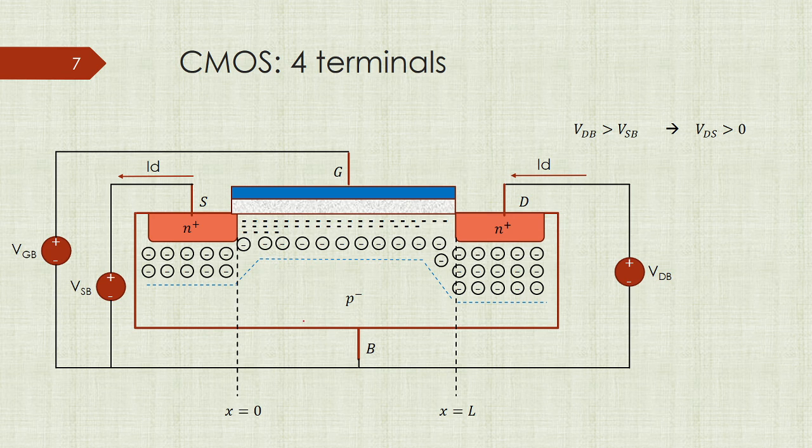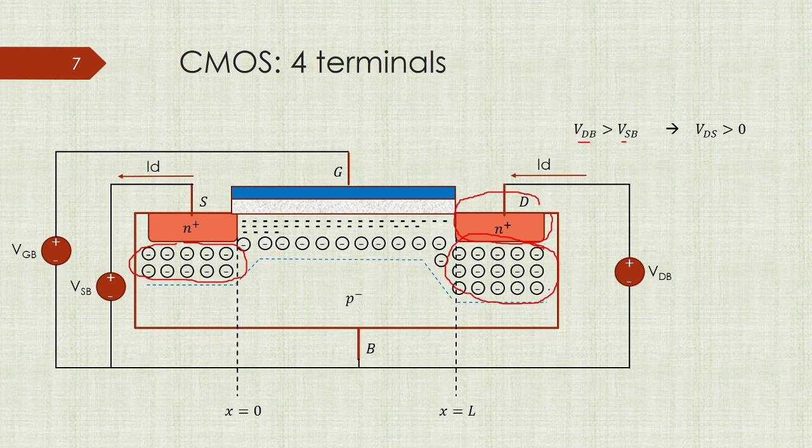Now let's add the other terminal. We will add the drain, and this case is similar to the source. We will inject a reverse voltage between the bulk and the drain, and this will create a depletion region close to the drain. Here we have ions, and also here we have ions. But if we consider that the voltage on the drain is greater than the voltage on the source, then the depletion region close to the drain will be greater than the depletion region at the source.